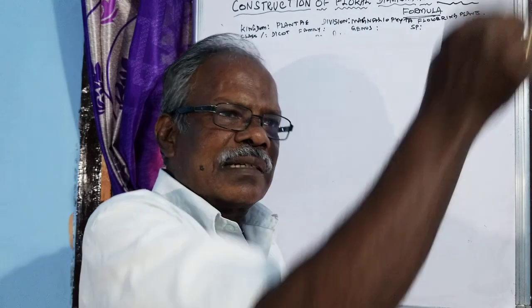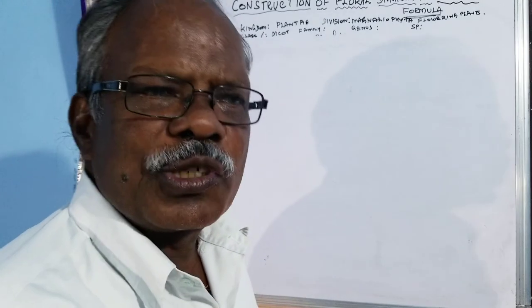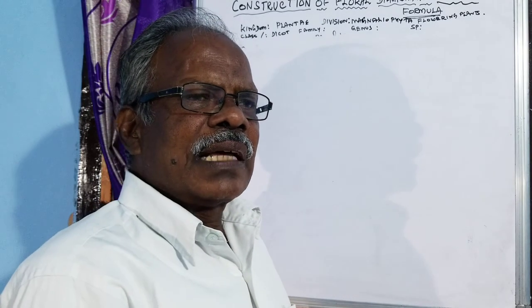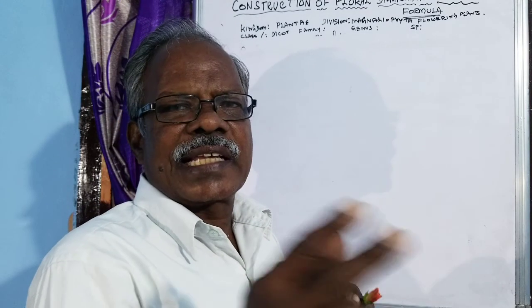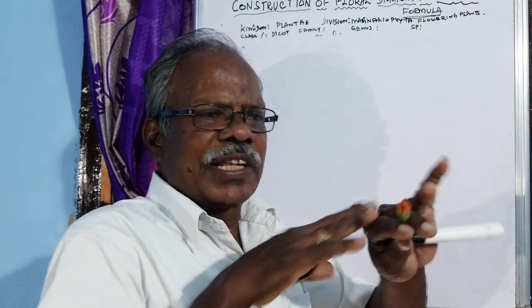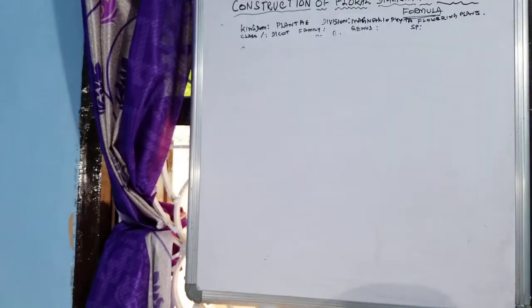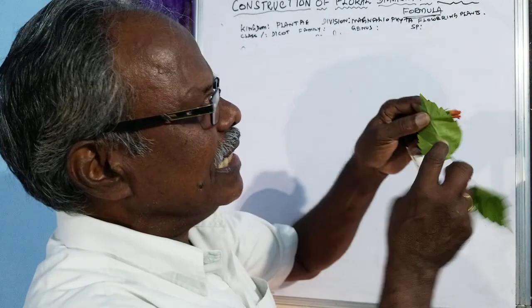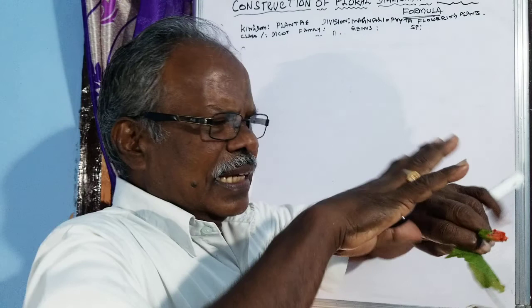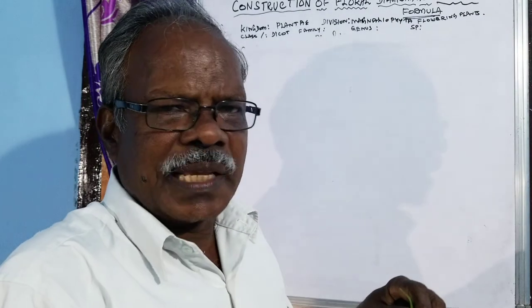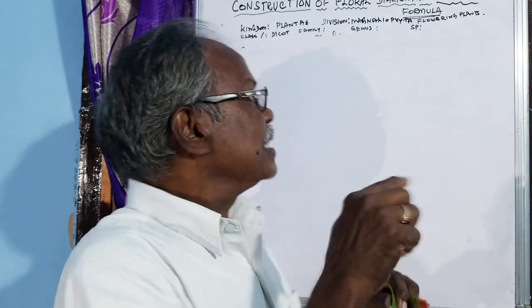In dicot, the root will be a taproot system, and the venation is reticulate. In the leaf, you can see a network-like structure, but in monocot the parallel venation will be seen.